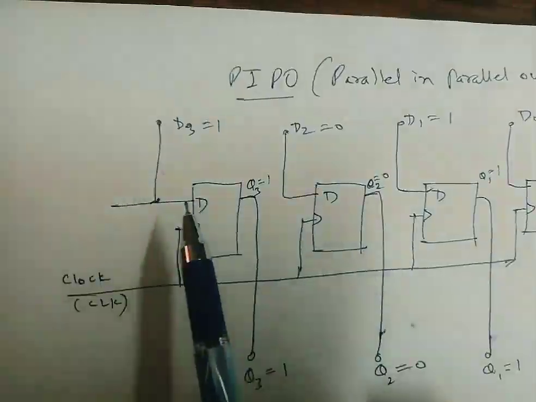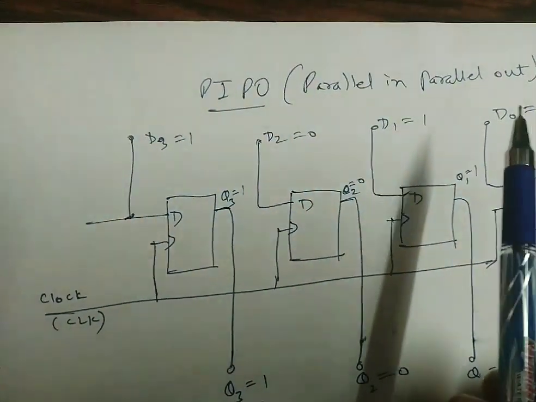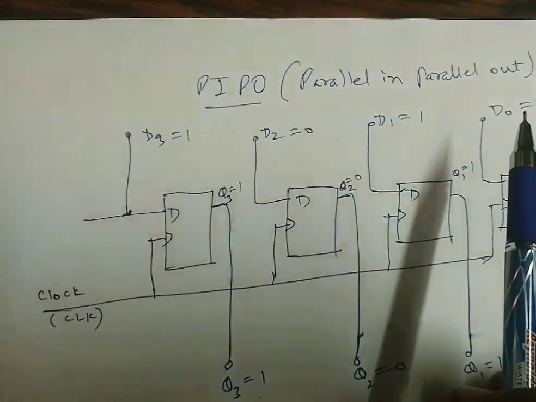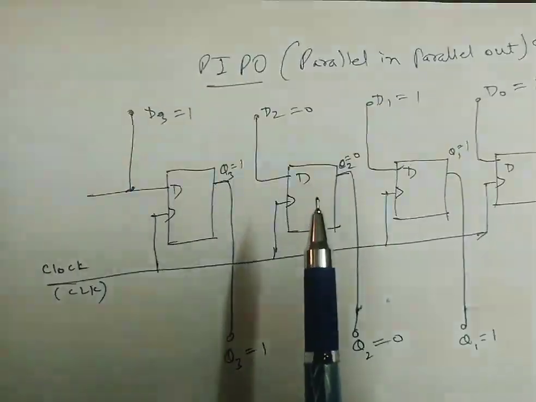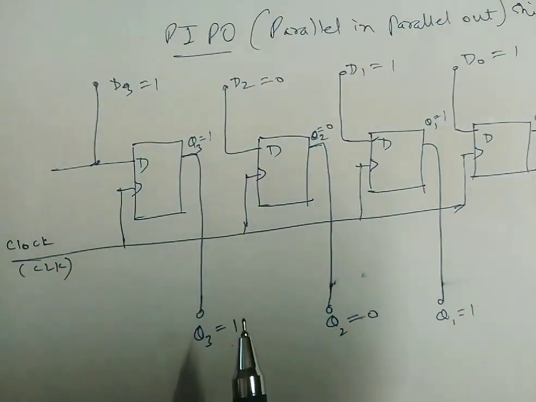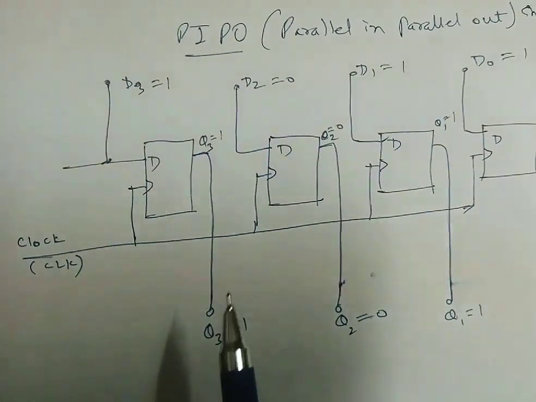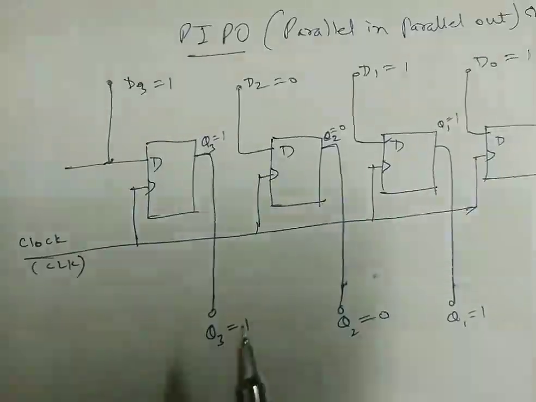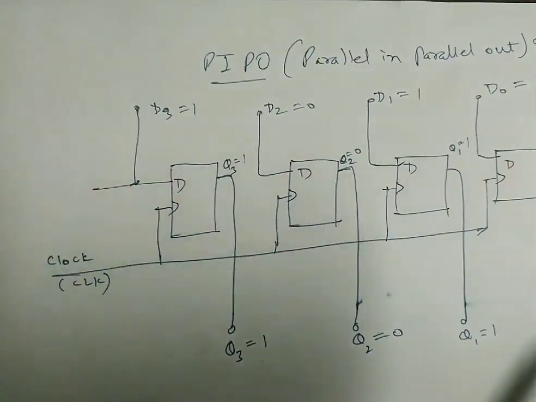Just like here we have D3 is equal to 1, D2 is equal to 0, D1 is equal to 1, D0 is equal to 1, and these inputs are simultaneously available on the respective output lines also. That is, we are getting Q3 is equal to 1, Q2 is equal to 0, Q1 is equal to 1, and Q0 is equal to 1.